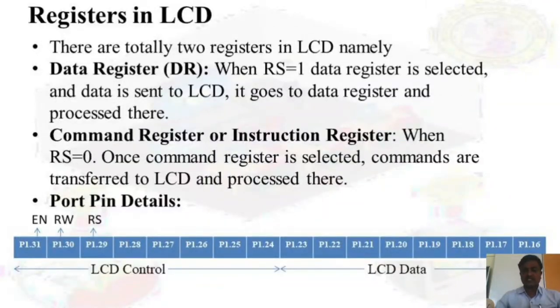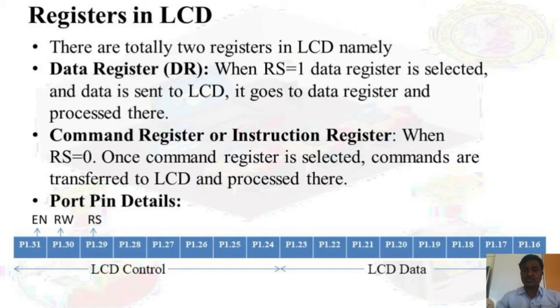The registers used in the LCD module: there are totally 2 registers in the LCD module. One is the data register, DR. When RS, that is register select, equals 1, that is, if we set that pin to 1, then the data register is selected and data is sent to the LCD.